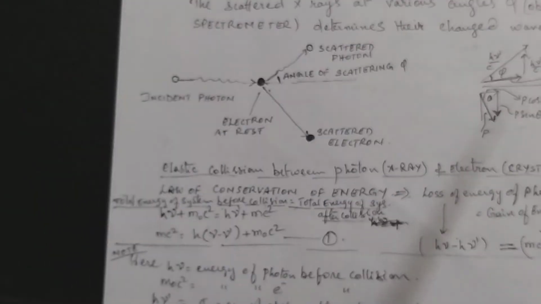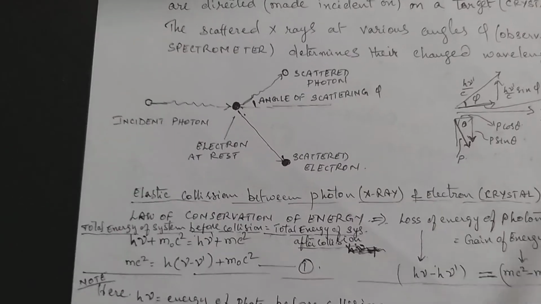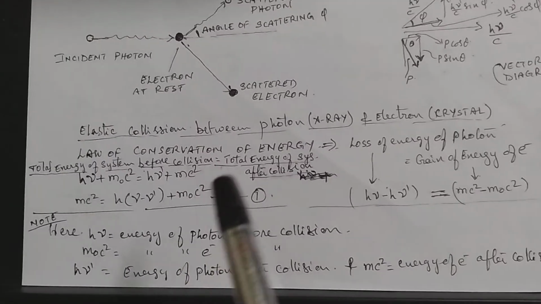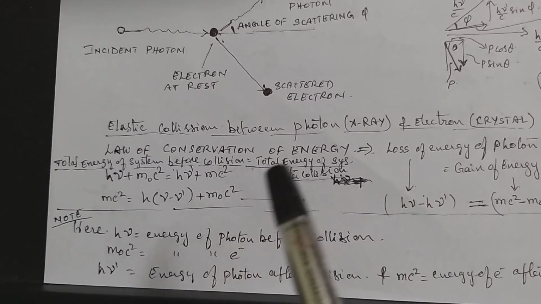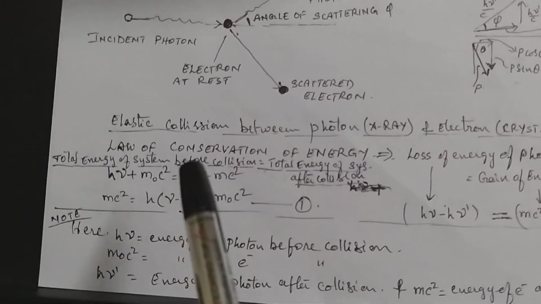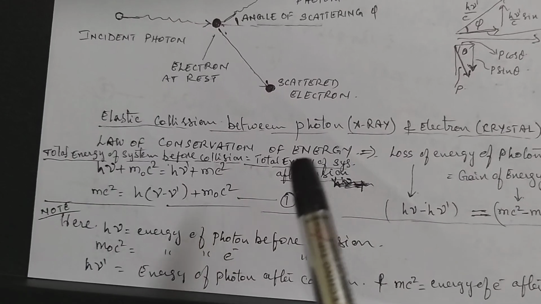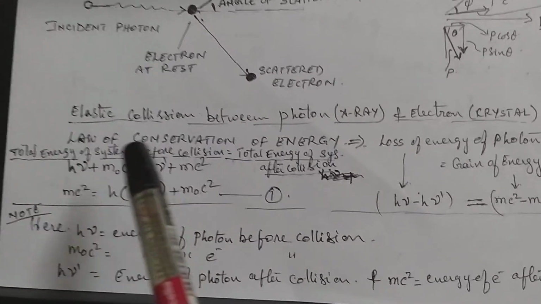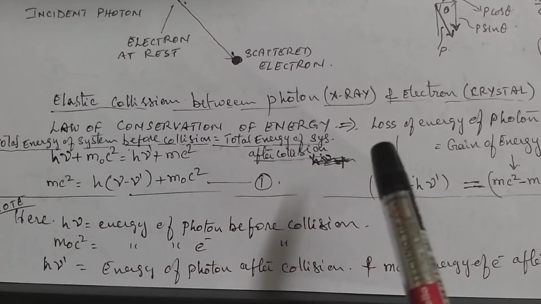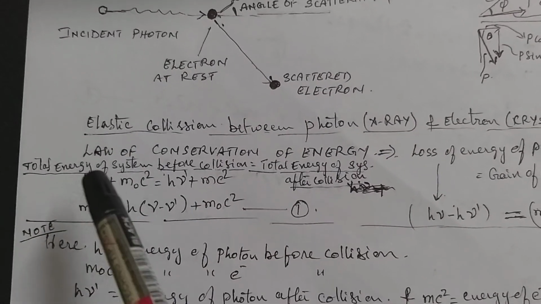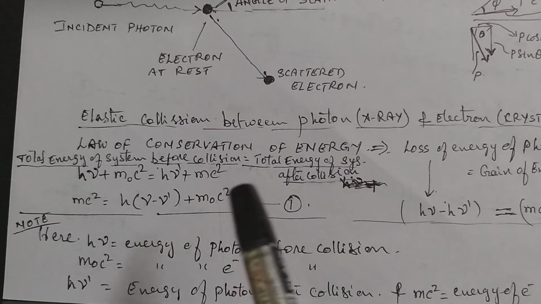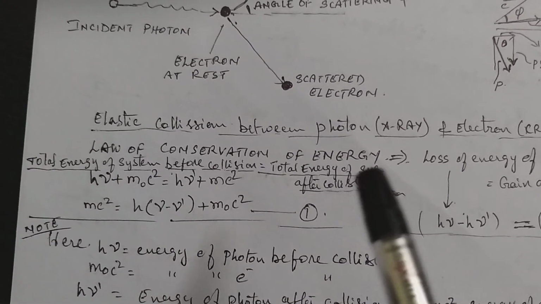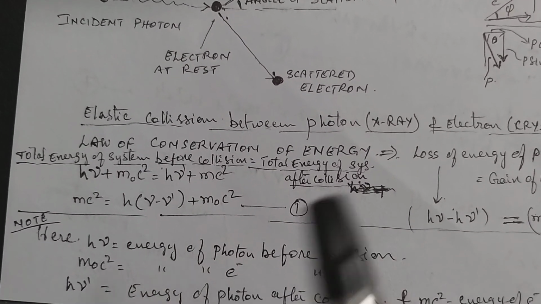So after this resolution of vectors, we come to the elastic collision properties: the law of conservation of energy and the law of conservation of momentum. According to the law of conservation of energy, the total energy of the system, that is the photon plus electron, before collision is equal to the total energy of the system after collision.